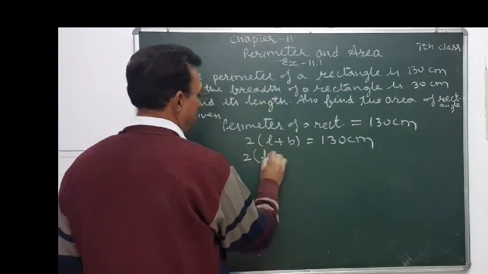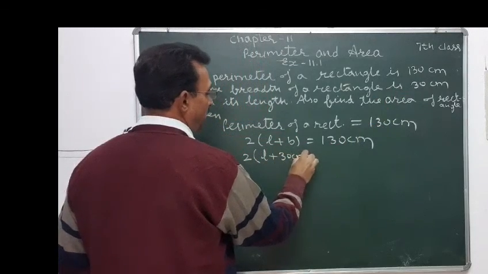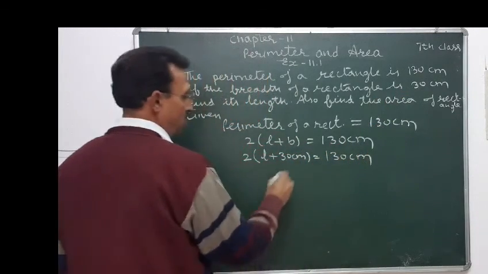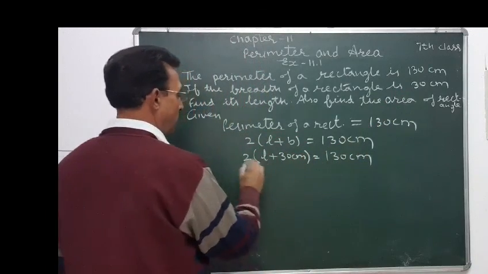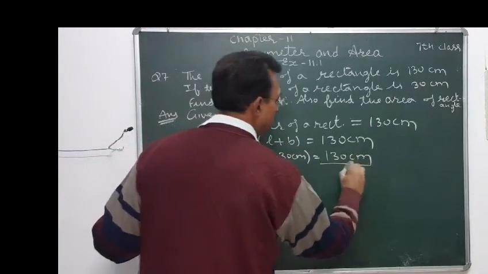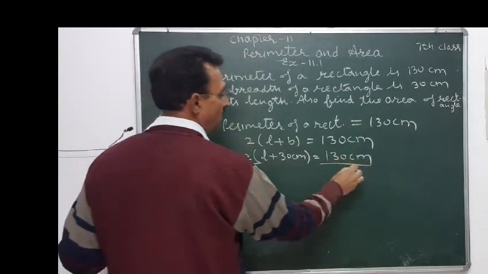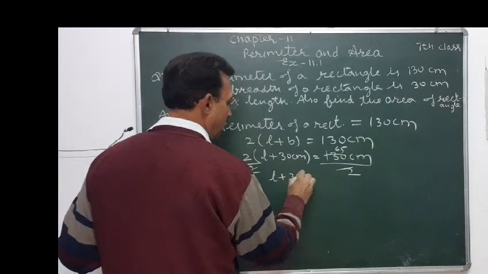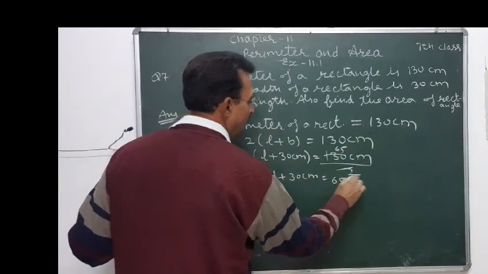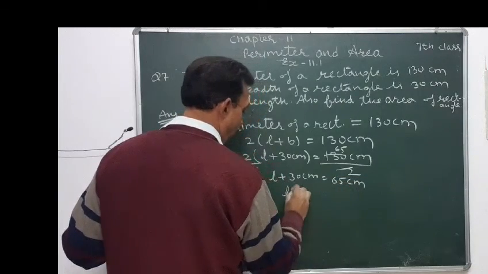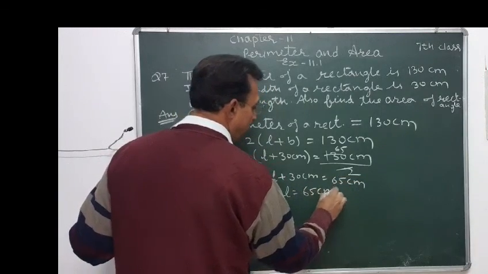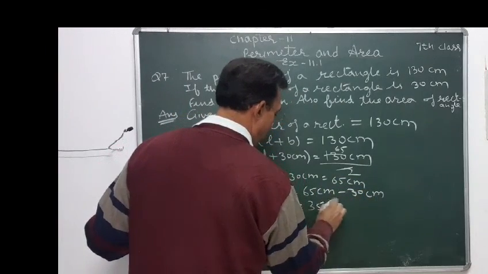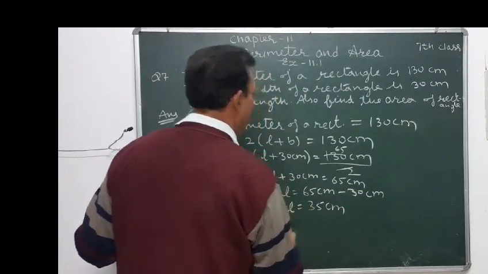So length plus 30 centimeter is equal to 130 centimeter. So dividing both sides by 2, this is 65 centimeter. So length plus 30 centimeter is equal to 65 centimeter, and length is equal to 65 centimeter minus 30 centimeter, which is equal to 35 centimeter.